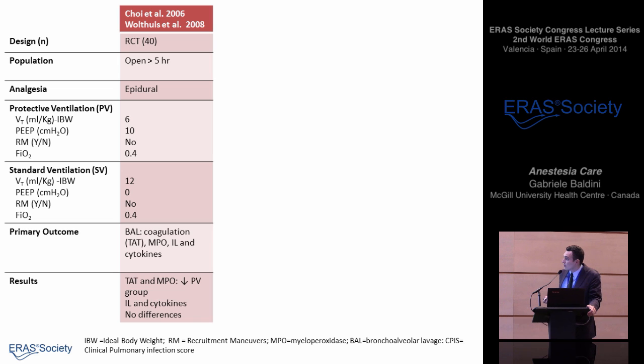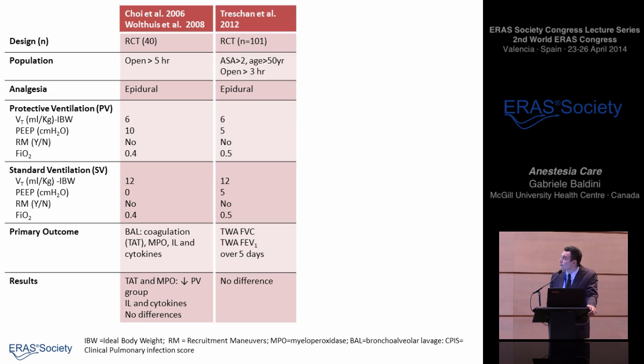They looked at inflammatory markers at the level of the lungs and also systemic cytokines, and they were able to show that in the protective ventilation strategy group, these inflammatory markers were reduced.